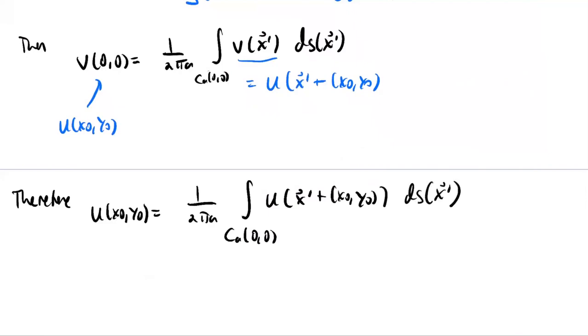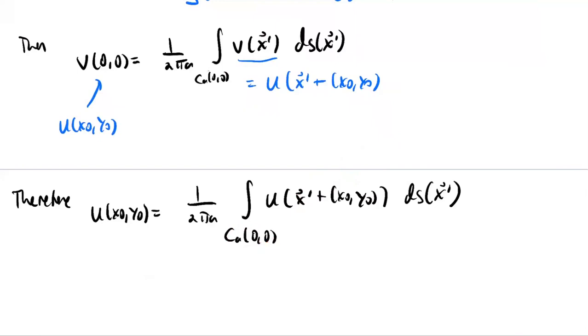Let's think geometrically about what's going on here. We're integrating along this circle values of u at x prime on the circle, but we've shifted by x naught, y naught. If I take a circle of radius a centered at the origin, look at values on that circle, which are the x prime, and then shift all those values by x naught, y naught, that's the same thing as looking at values along the circle centered at x naught, y naught.